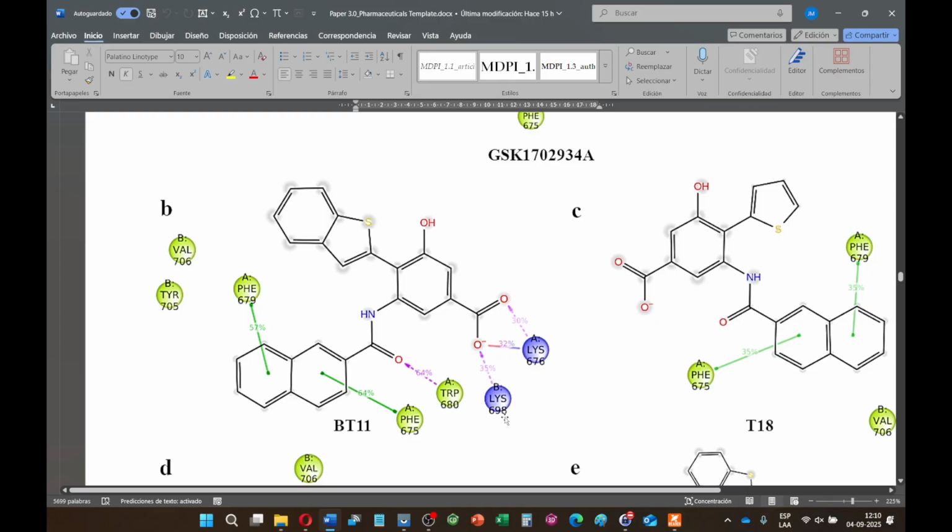Very well. The lysine is positive: a salt bridge and hydrogen bridge. The sum of all those percentages is the time that it lasts through the simulation. That is, if you add all that, almost 100% of the time there is a favorable anchor. What interaction is this?